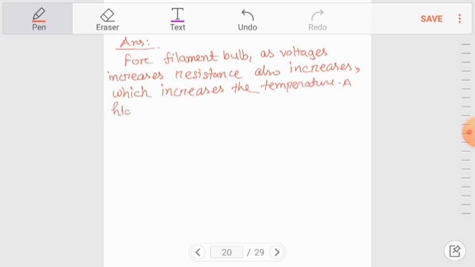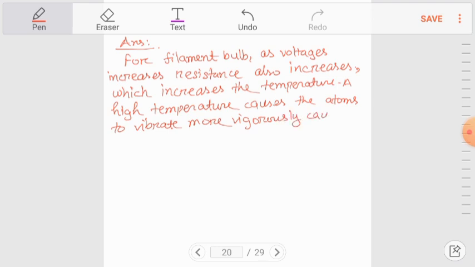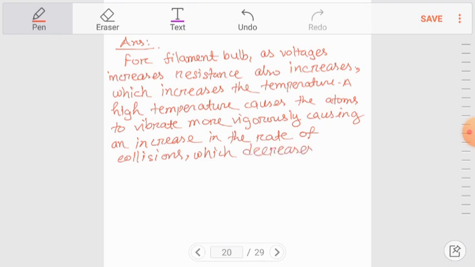A high temperature causes the atoms to vibrate more vigorously, causing an increase in the rate of collisions between the electrons and atoms, which decreases the drift velocity.